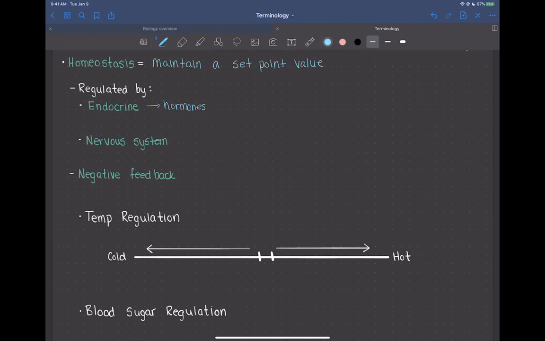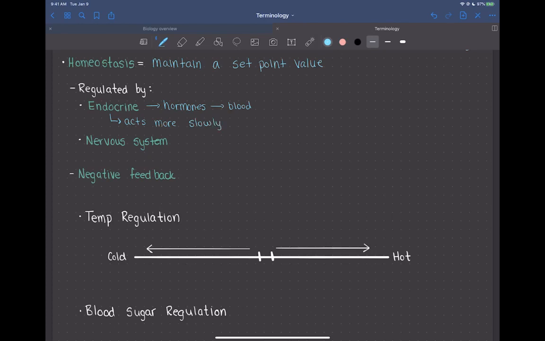Right now, you should just know that hormones are molecules that are released into the blood, and then they travel through the blood till they reach whatever their target is. Okay, and so typically the endocrine system will act more slowly. So it responds more slowly than our other system, which is the nervous system.